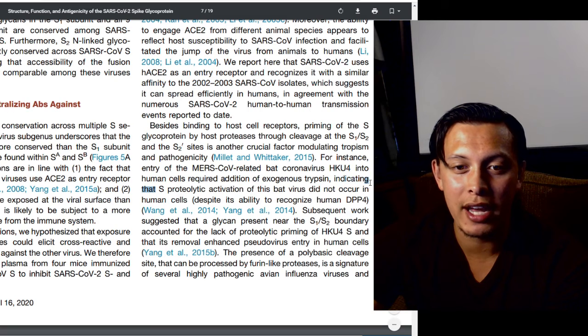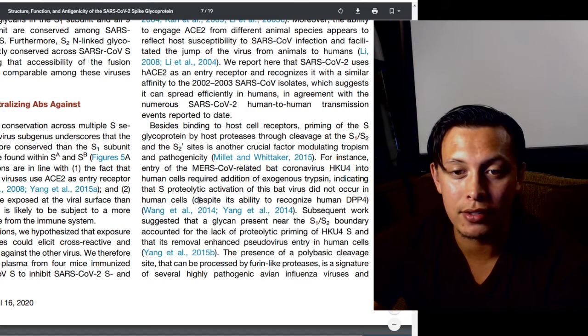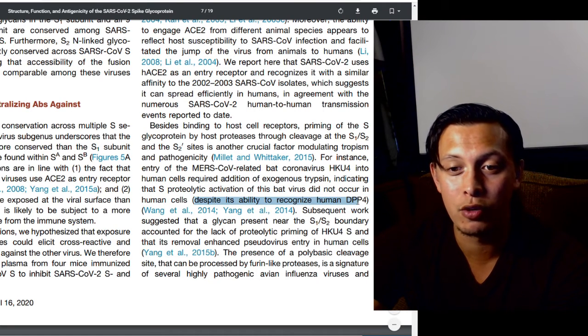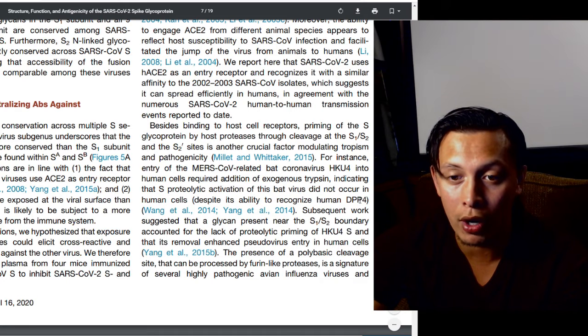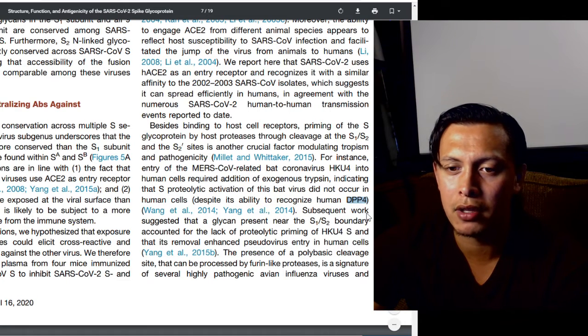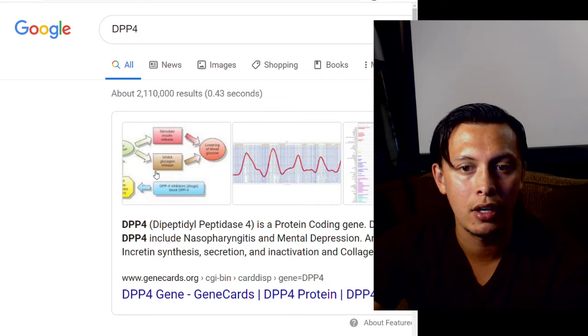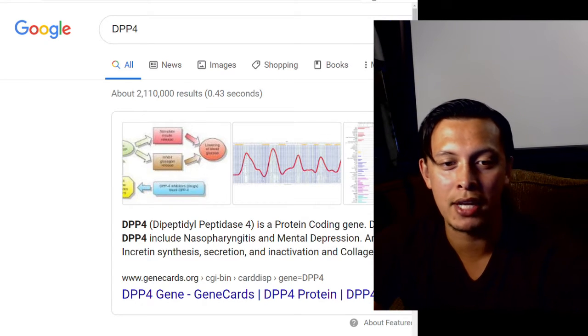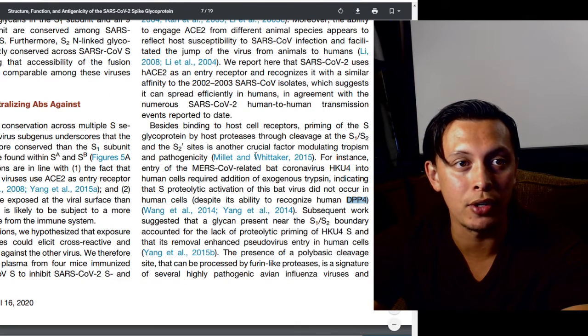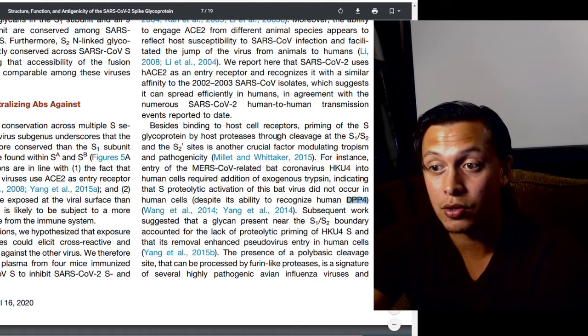Indicating that S proteolytic activation of the bat virus did not occur in human cells, despite its ability to recognize human DPP4. And if I remember correctly, I believe this is a receptor. Yeah, dipeptidyl peptidase 4 is another receptor that viruses are able to take advantage of.